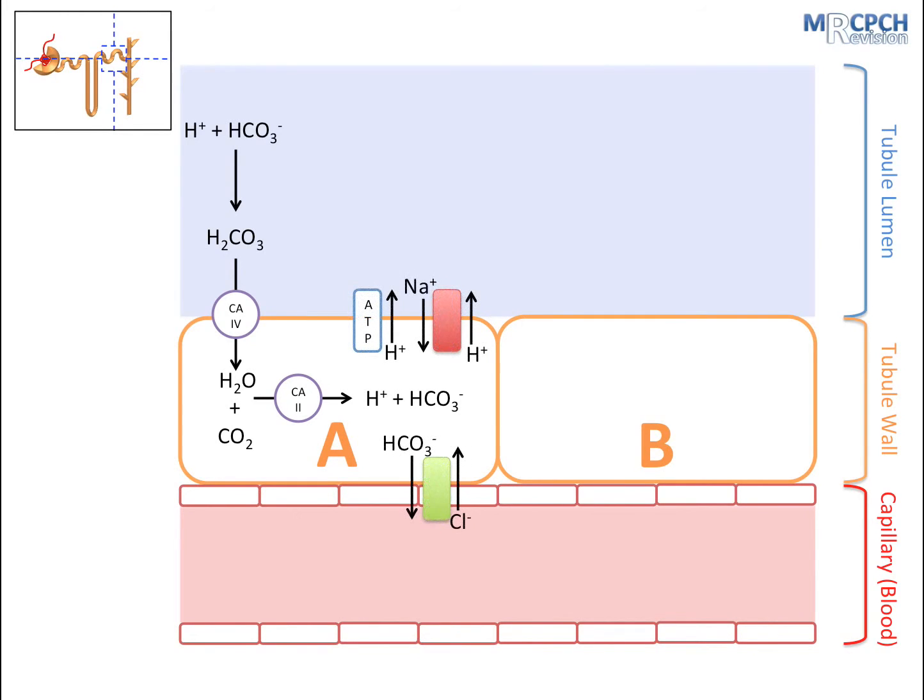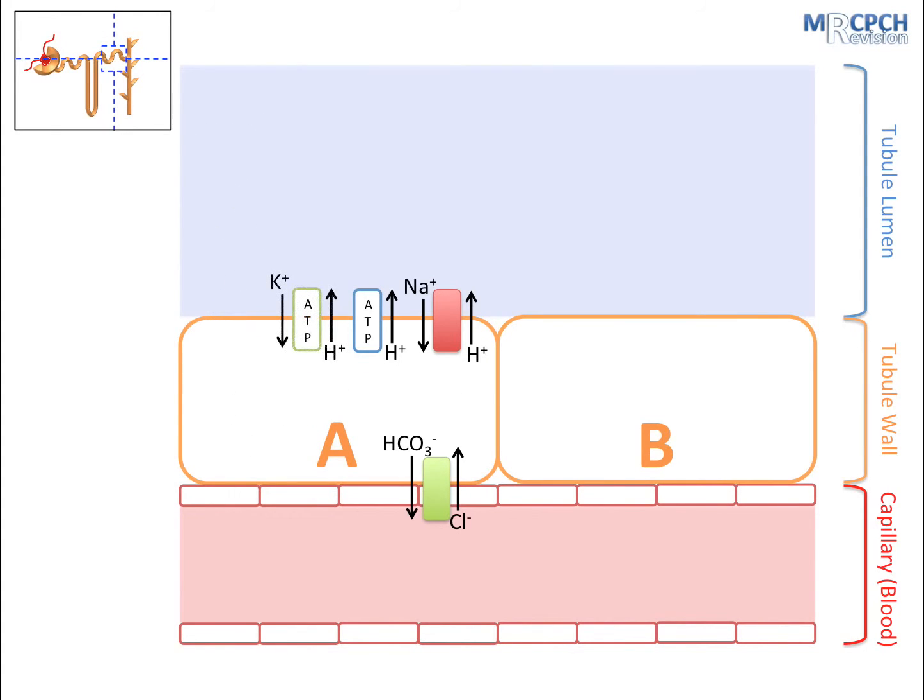And just like on the proximal convoluted tubule cells, we have the proton ATPase, the sodium proton exchanger, and the bicarbonate chloride exchanger. Unique to the type A intercalated cell is a potassium proton exchange ATPase.